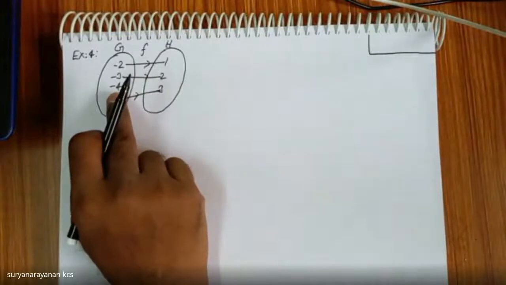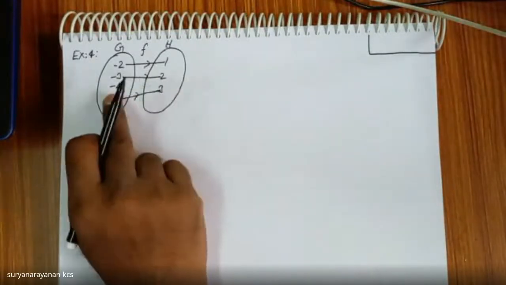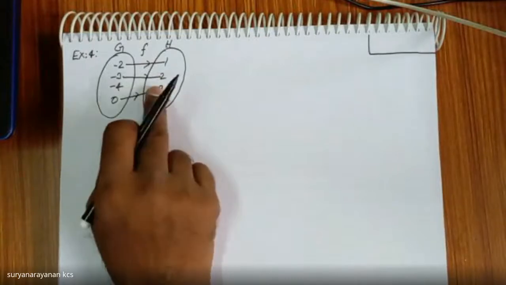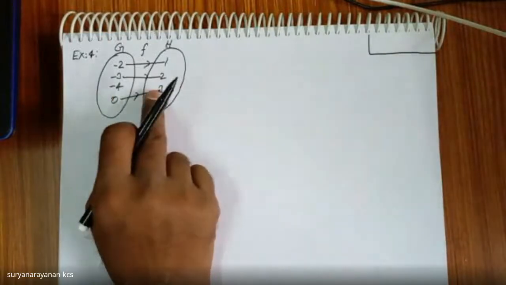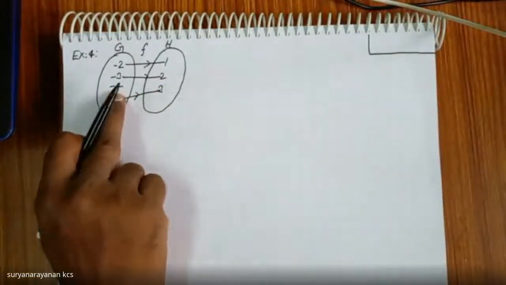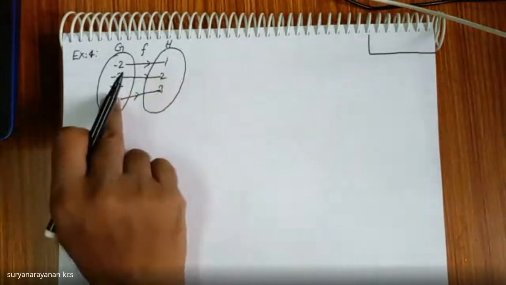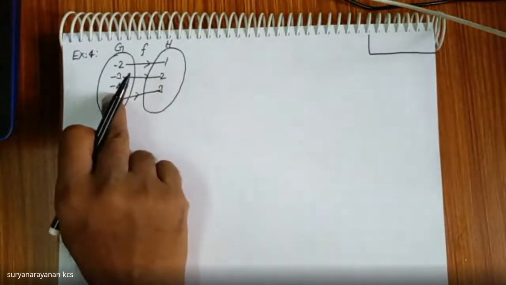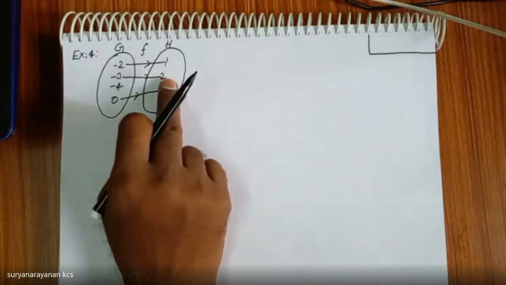Means -4 does not have any image. Understood, my dear Nikhil? You have to observe the arrow diagram carefully. Here -4 is not connected with any element. Means here the element -4 does not have any image in the second set.